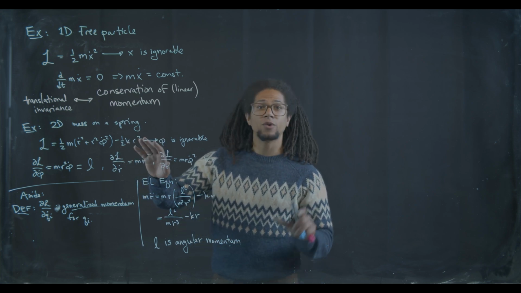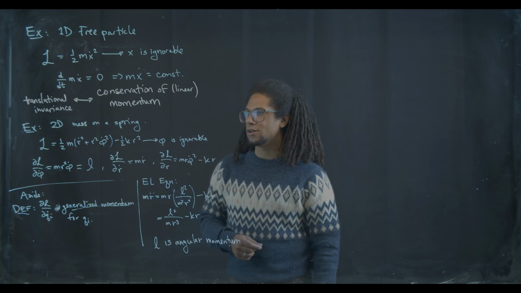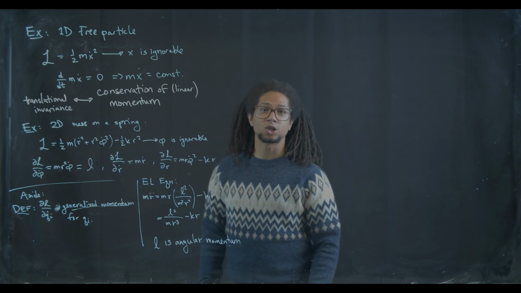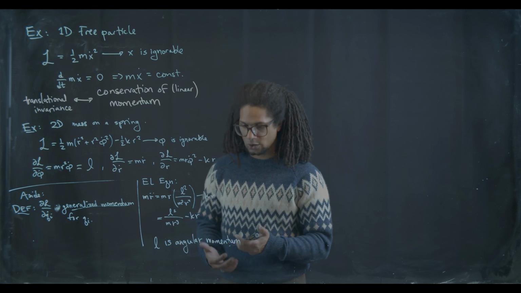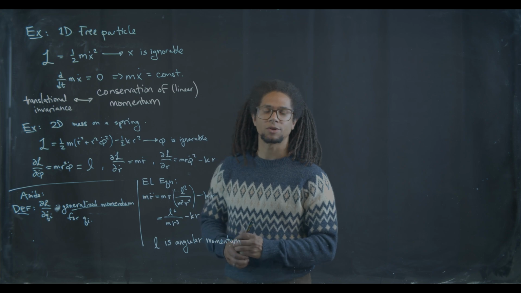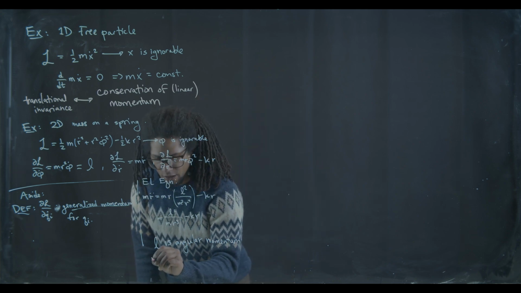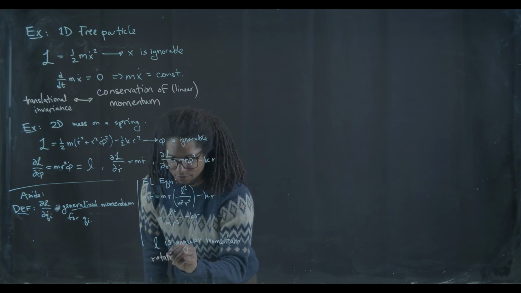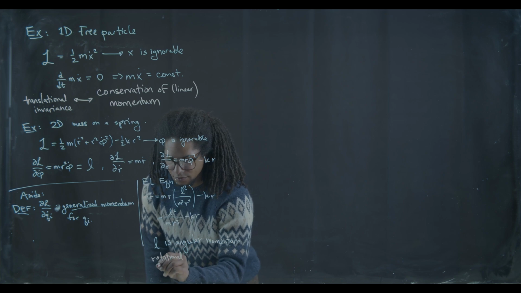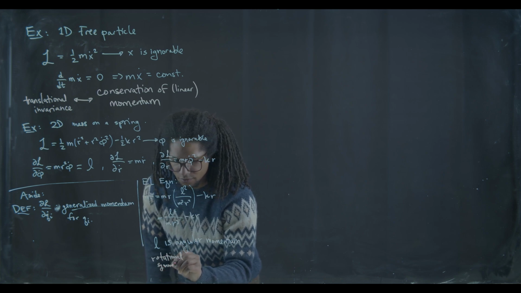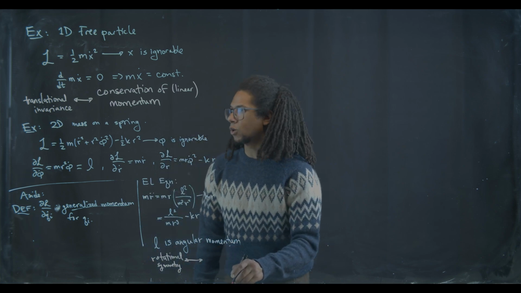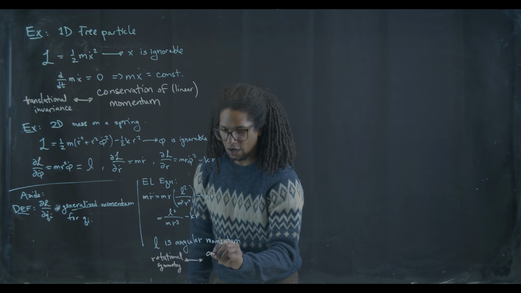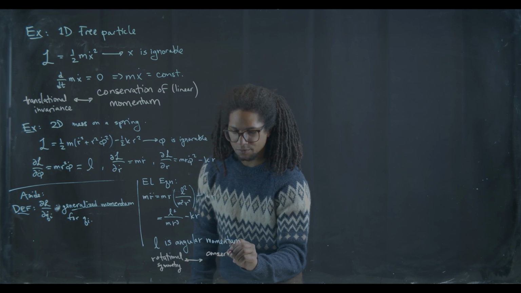That means that if we rotate our system by some angle and re-express the Lagrangian in the rotated coordinates, the Lagrangian is going to be exactly the same. So this system has rotational symmetry. So rotational symmetry is 1-to-1 with conservation of angular momentum.